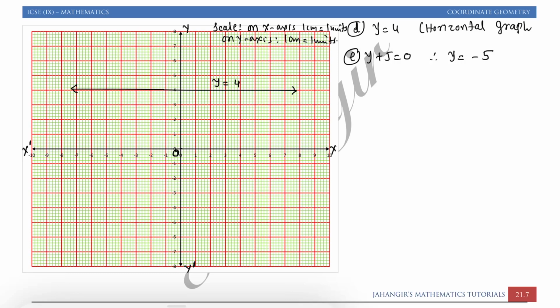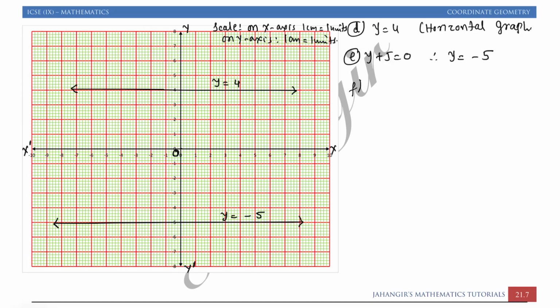I have to draw it properly. This is the line y is equal to minus 5.